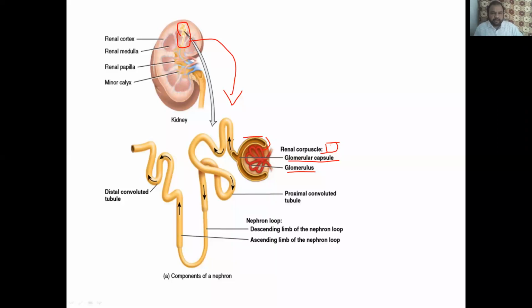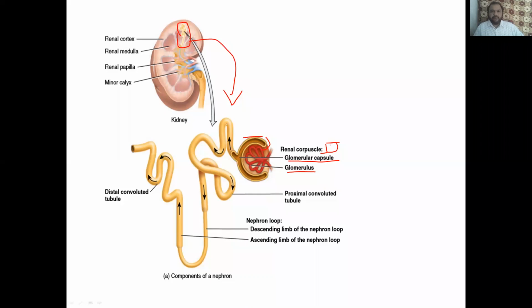Now you see here the different parts. Then comes the tubular portion. The early part of this tube is called proximal. Proximal means near, and distal means away. So, the proximal convoluted tubule: since it's proximal to the corpuscle, it is called the proximal tubule.